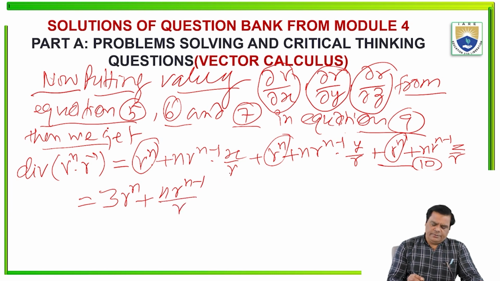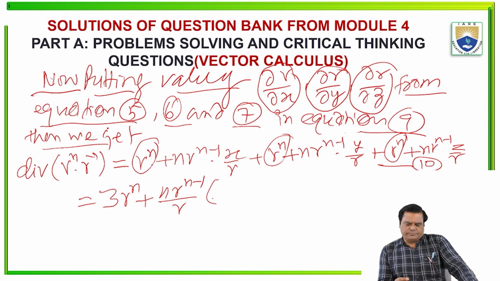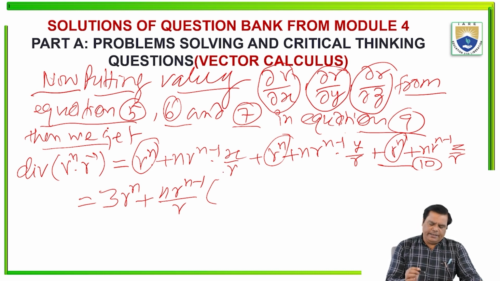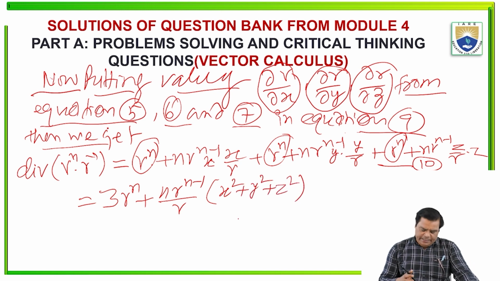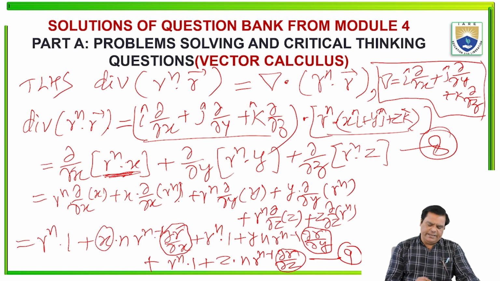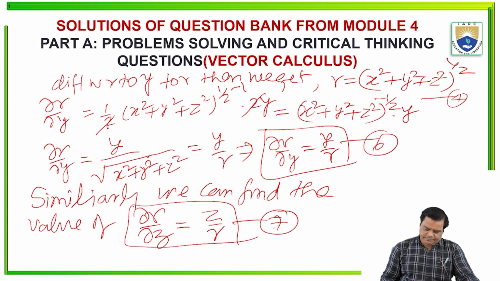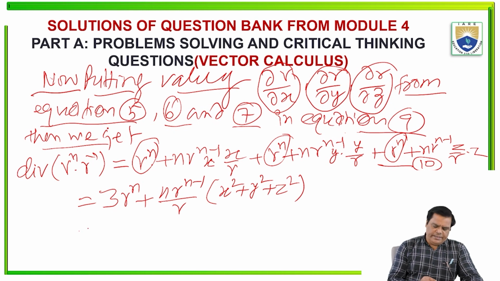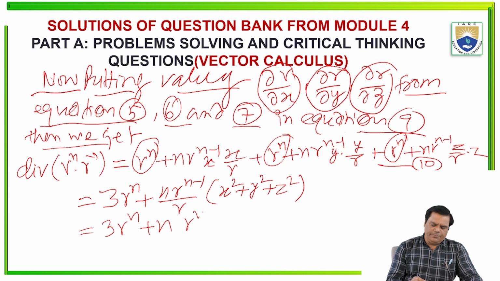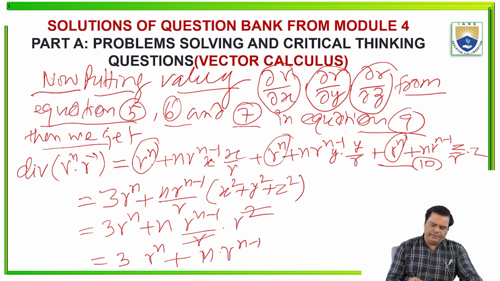Here x, y, z are multiplied: x into x, y into y, z into z, so we get x² + y² + z², which is r². So we have 3rⁿ plus n rⁿ⁻¹ upon r into r². One r is cancelled, so we get 3rⁿ plus n into rⁿ⁻¹ into r.